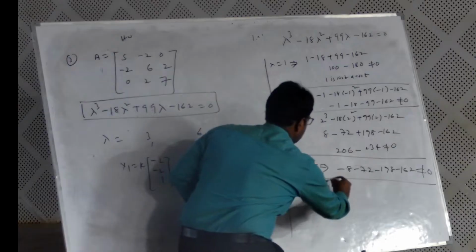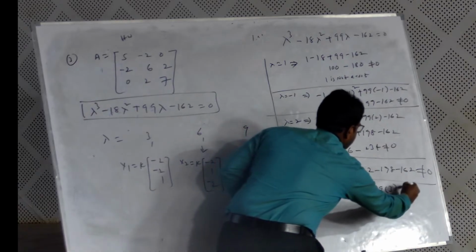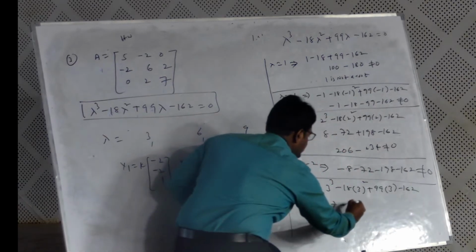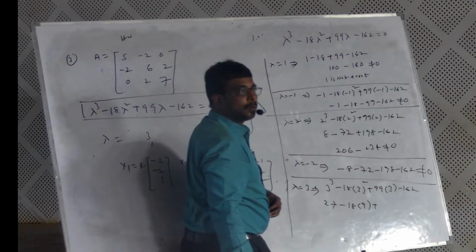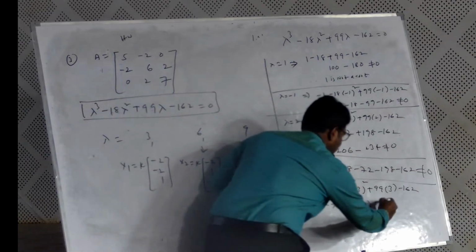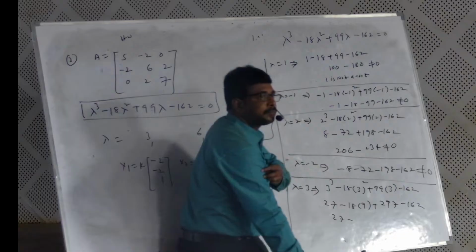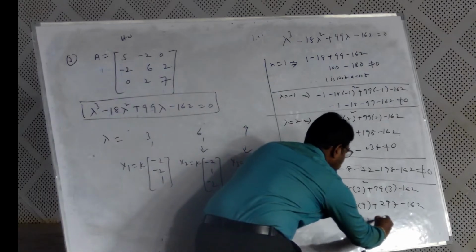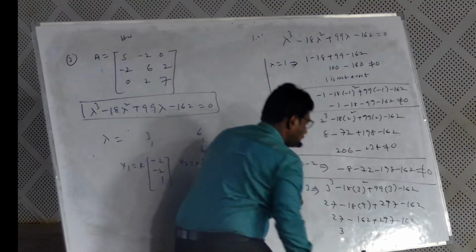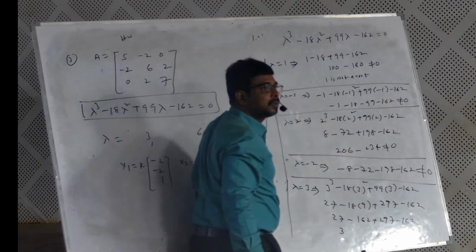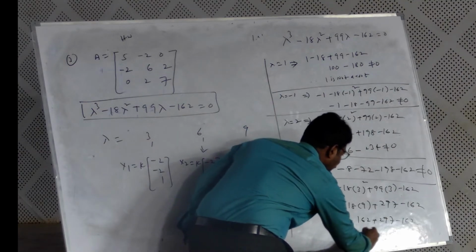3 cube, 3 square, 99 into 3 is 297, minus 18 into 9 is 162, minus 297 plus 27, minus 162.